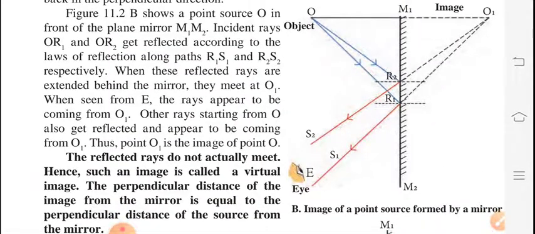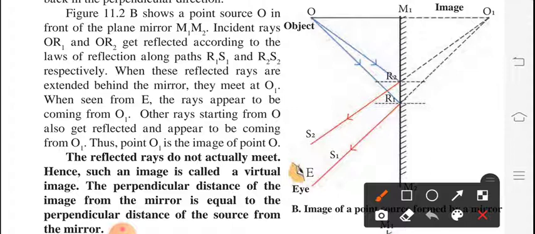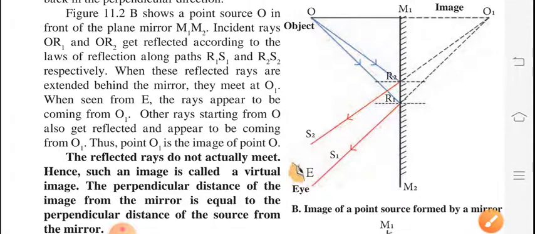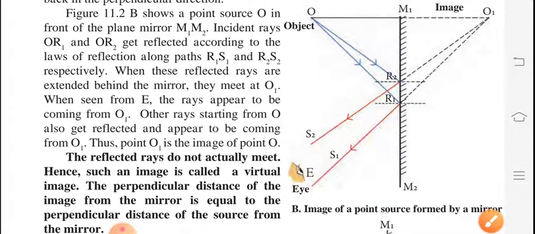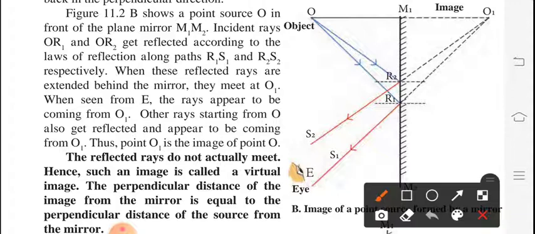This figure shows a point source O in front of the plane mirror M1M2. This is your mirror M1M2. Incident rays OR1 and OR2 get reflected according to the laws of reflection along paths R1S1 and R2S2.